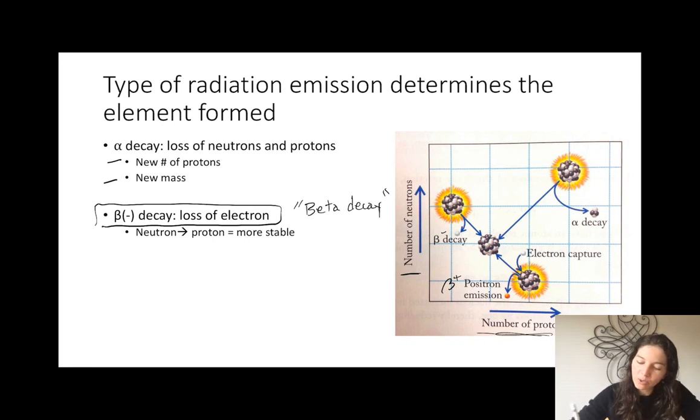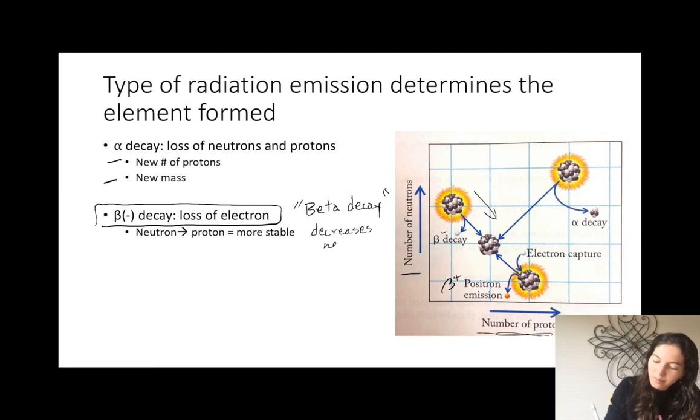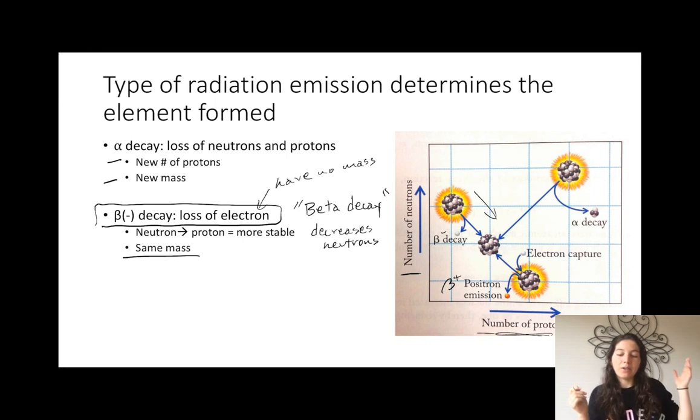So we're seeing that it decreases neutrons, and it turns it into a proton. But what we're seeing here is that the mass of the thing stays the same because electrons have no mass. And we're converting a neutron into a proton, and neutrons have the same mass as protons. So effectively, there's no change in mass here.